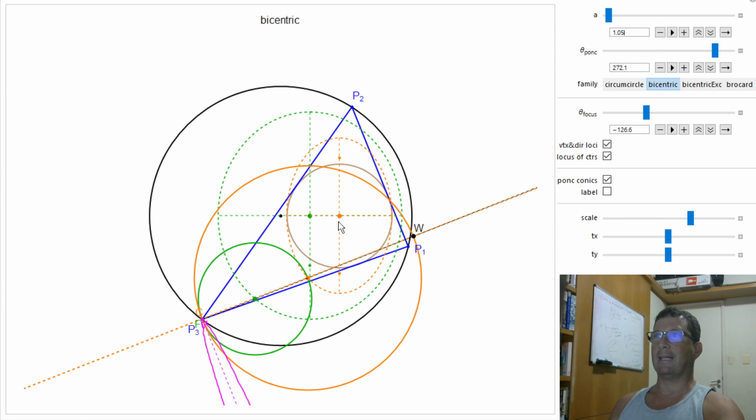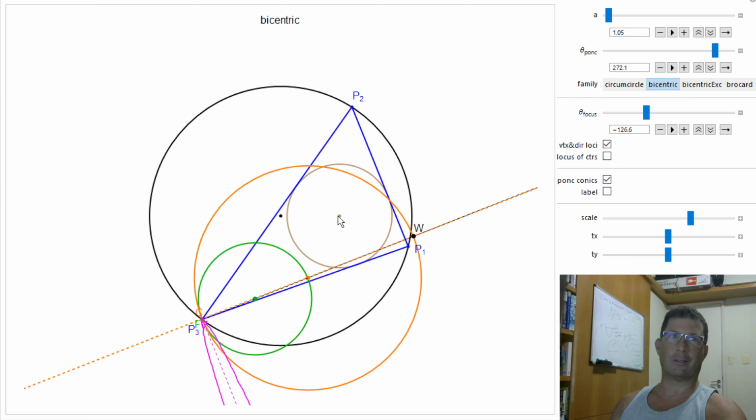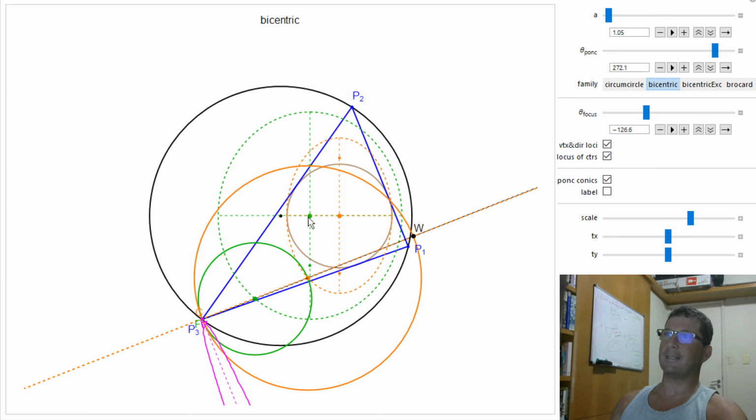Here's the, and you cannot see it here, but I'm going to talk about this in a second. Here's the incenter of the family, and you can see here that the center of this dashed green locus of the vertex seems to be the midpoint between the circumcenter and the incenter.